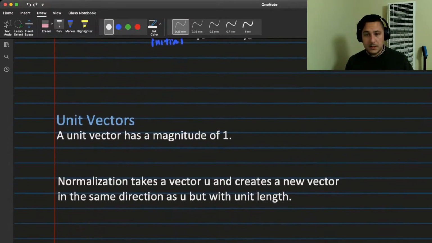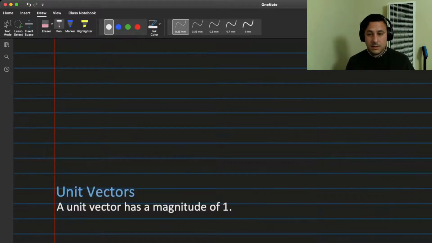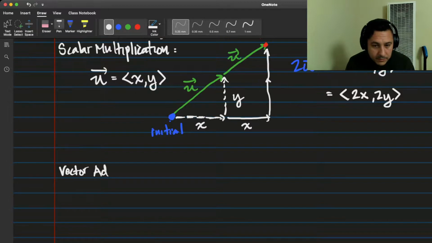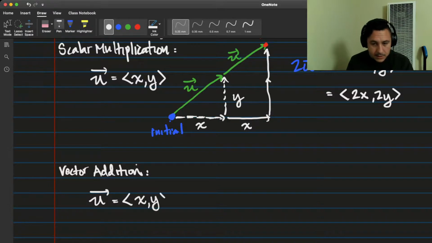Okay, sorry. I didn't mean to make it go down that far. Okay, there we go. That's a little better. So what about vector addition and component form? Okay, so let's say you have a vector u, which is x and y, and then you have some vector v, which is length a and b.